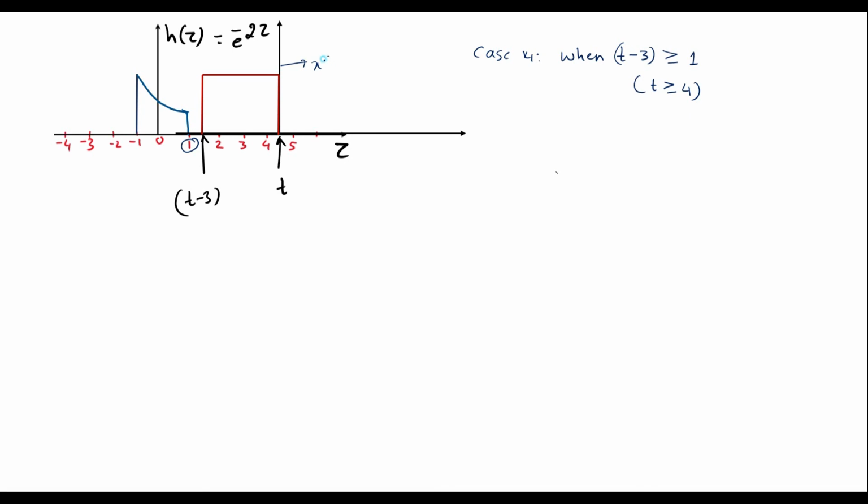This is x of t minus tau signal and t minus 3 is greater than 1 now. So here there is no common area between h of tau signal and x of t minus tau signal. Therefore, y of t value is equal to 0. That is, for t greater than or equal to 4 less than infinity.